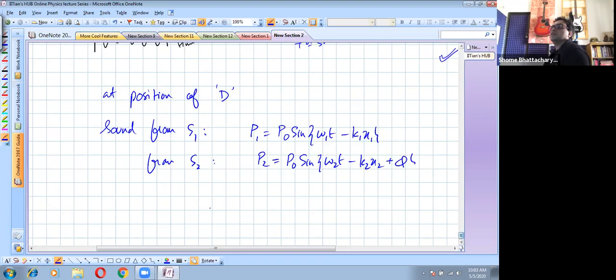Okay, where you know that omega 1 is 2 pi f1, so that is 2 pi multiplied by 200 hertz. K1 is V by omega 1, because sound is after all propagating in the same medium.